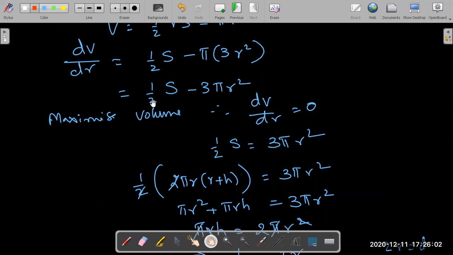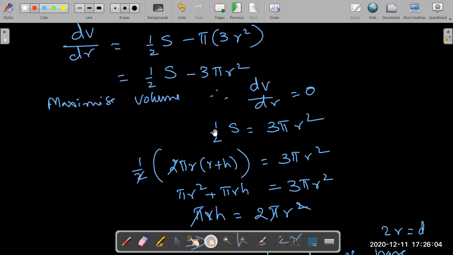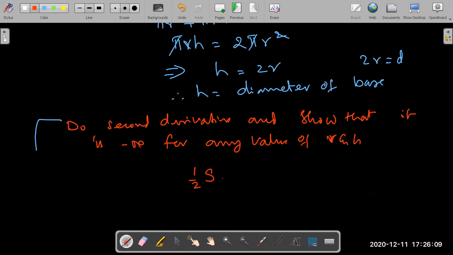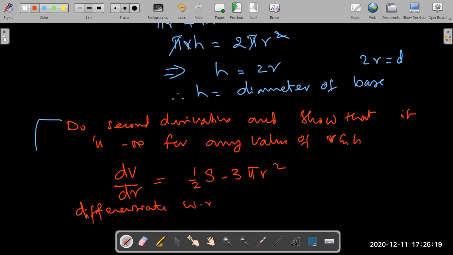So dV by dr is half S minus 3 pi r square. Differentiate one more time with respect to r. So you get d square V by dr square. The first term is 0 because surface area is fixed, minus 3 into 2 pi r.